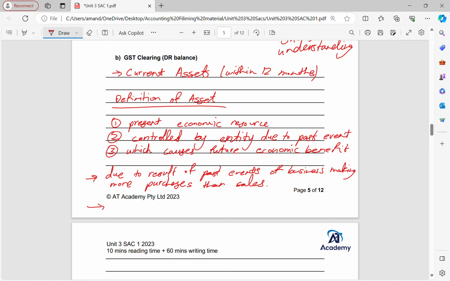Some more understanding you can show and link the definition further, which causes future economic benefit through what form?